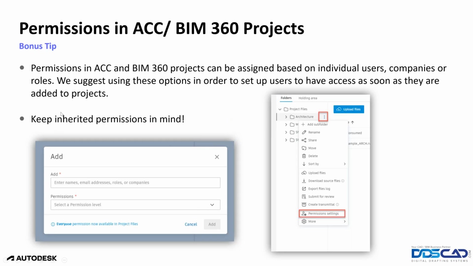As far as permissions go, you can actually set permissions on a folder, subfolder, project-wide basis, and you can assign those permissions based on individual users by name or email, or depending on their role or the company that they're associated to. And the reason that that's great, and we do see a lot of people using the company option, is because when you add a user, essentially you can say any user that's added here from Digital Drafting Systems automatically has this level of permissions to see this folder.